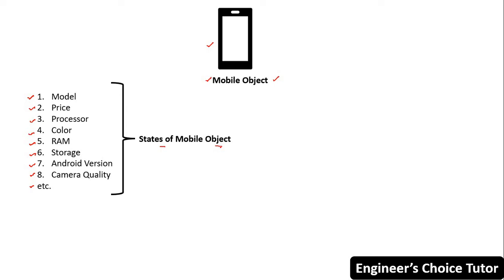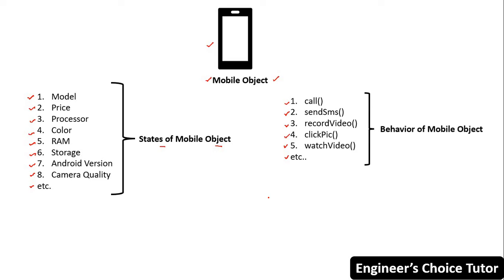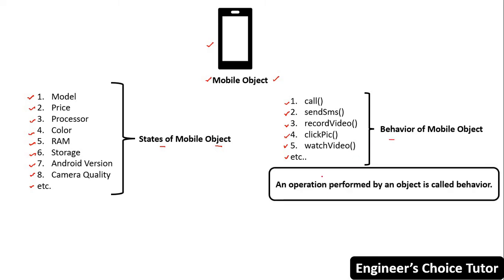Now, coming to the behavior. What functionalities can this phone perform? By using this phone, we can call, send SMS, record video, click pic, watch video, etc. Many more functionalities, right? Behavior of an object represents action or work performed by the object.